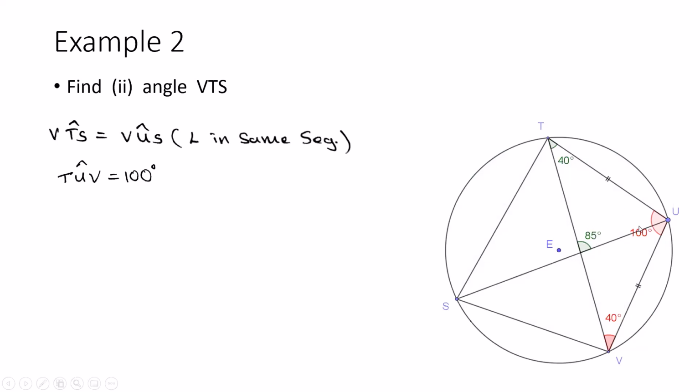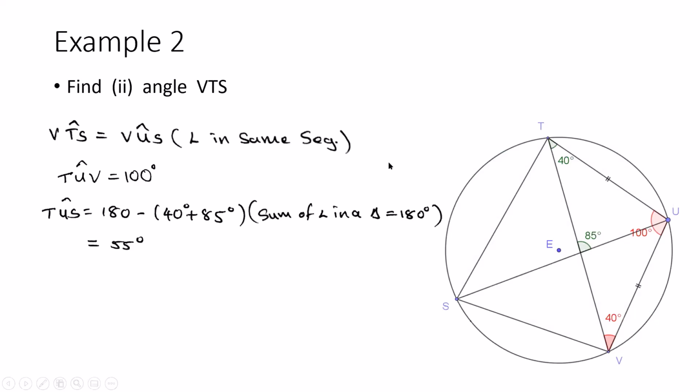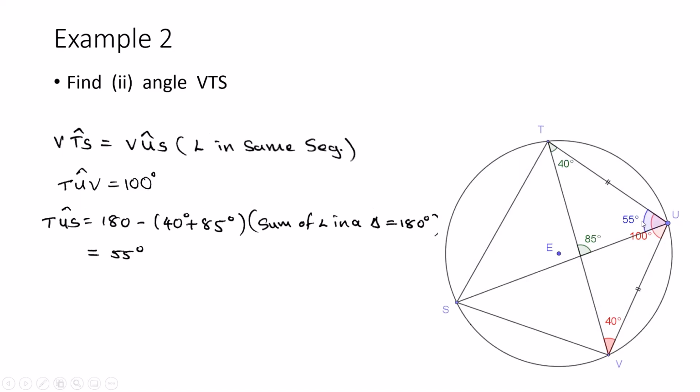So we can look for this third angle here. So the third angle, TUS, is equal to 180 minus 40 plus 85. Why? Because sum of angles in a triangle is equal to 180. So TUS is equal to 55.